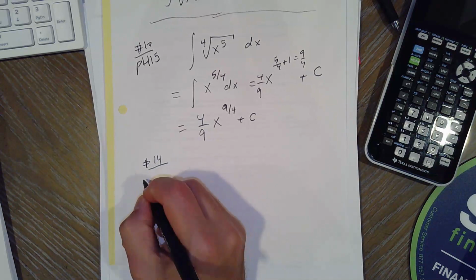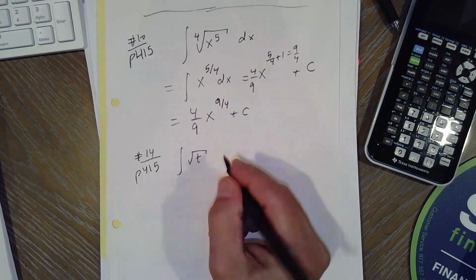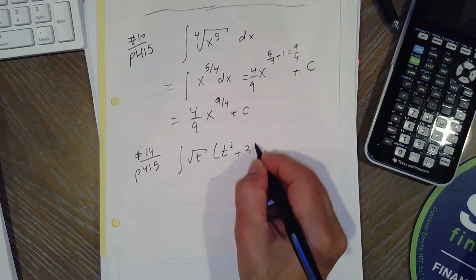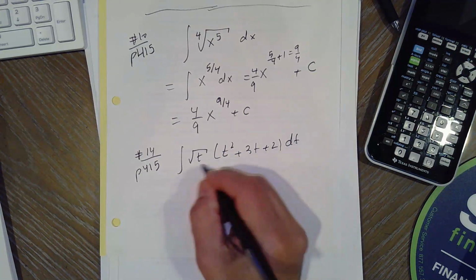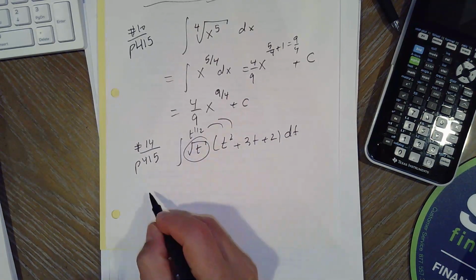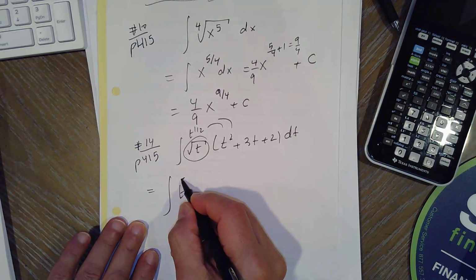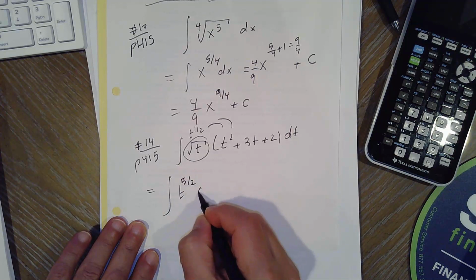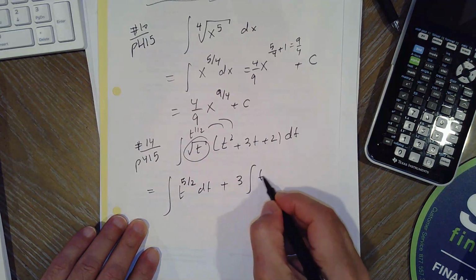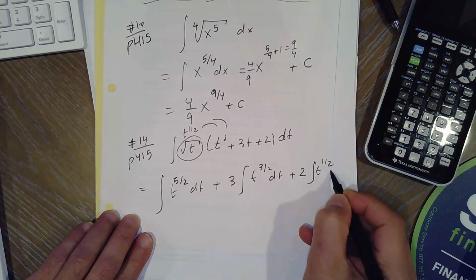Number 14, page 415. Integral of square root of t times t squared plus 3t plus 2. We don't have a product rule, so we gotta distribute. This is t to the 1/2. We distribute that, so the integral of t to the 5/2, 3 t to the 3/2 dt, split it up, pull the constant out, t to the 5/2 dt plus 3 integral of t to the 3/2 dt plus 2 integral of t to the 1/2 dt.